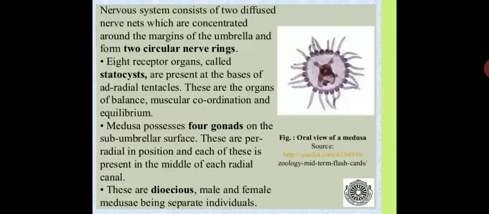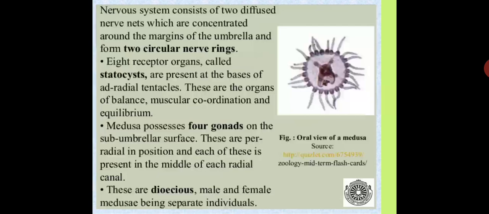The nervous system consists of two diffused nerve nets which are concentrated around the margins of the umbrella and form two circular nerve rings. Eight receptor organs called statocysts are present at the bases of adradial tentacles, and these are the organs of balance, muscular coordination, and equilibrium.